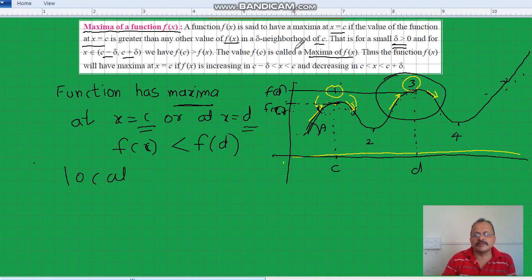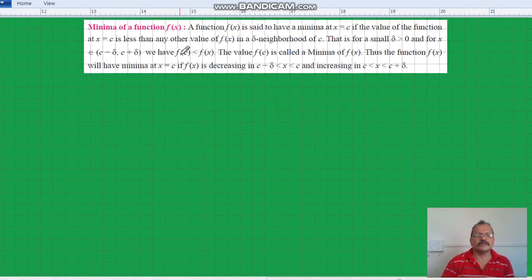Similar is the concept of minima. The definition of minima given in your book: a function f(x) is said to have minima at x equal to c if the value of the function at x equal to c is less than any other point in the delta neighborhood of c.